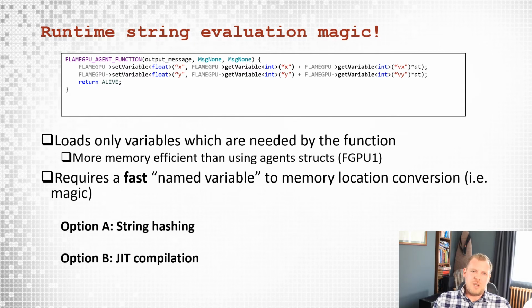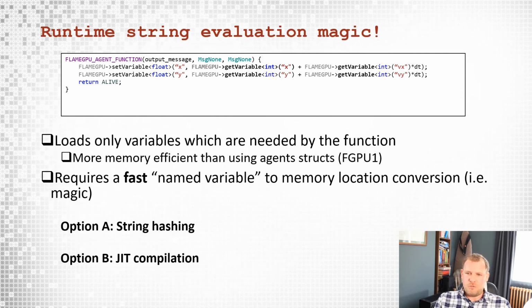As such, we need a fast method for returning a memory location from a named variable. So where we say get variable X, we need that to effectively point to the memory location of a particular agent instance. A particular thread needs to go to a particular memory location to return that value. And there's a number of different ways of doing that. The first is through compile time string hashing, and the second is through just-in-time compilation.